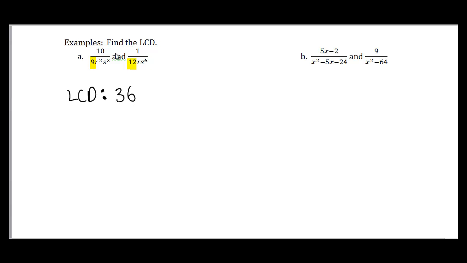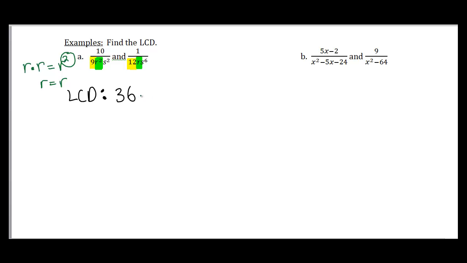Now we're going to move on to r squared and this r right here. The things that multiply to give me an r squared are r times r. The things that multiply to give me r is just r. So when I think about my least common multiple, I always have to take the largest power.